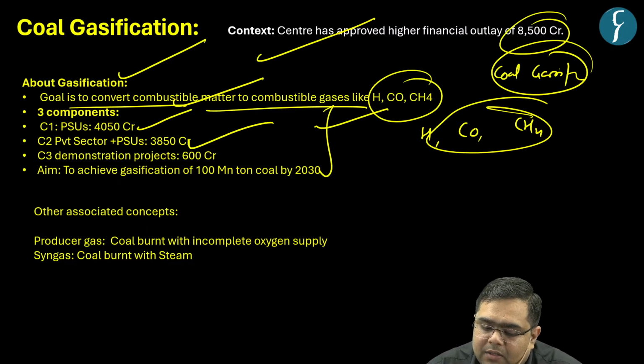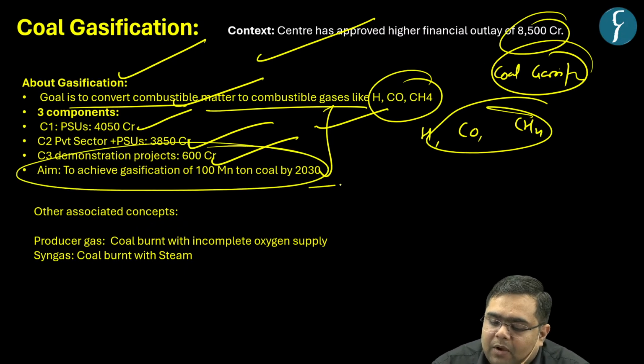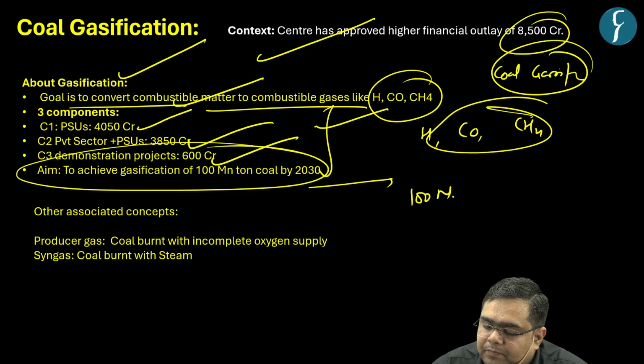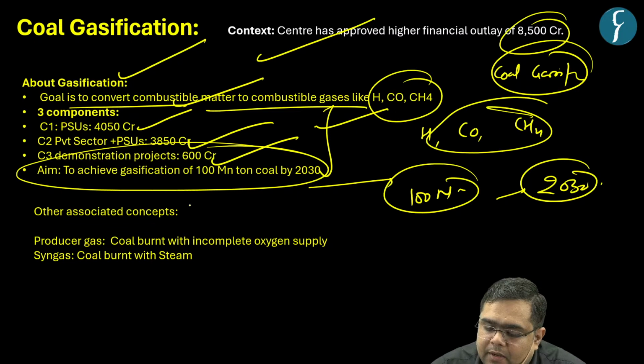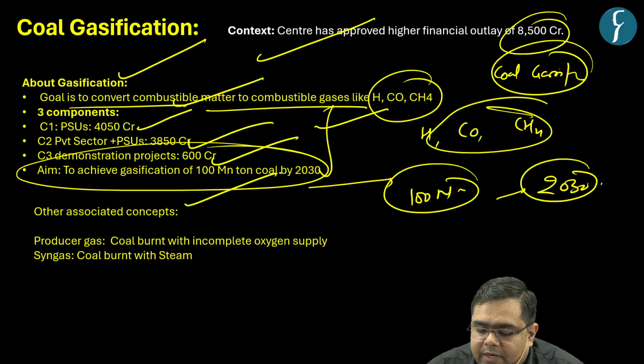And then the third category is demonstration projects, in which a private sector player or a PSU can come up and demonstrate a new or emerging technology in the field of coal gasification, the outlay for which is 600 crores. The ultimate aim of this scheme is to achieve gasification of 100 million tons by 2030.